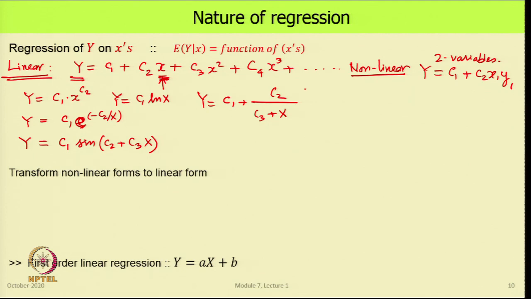Now, quite clearly, we have only restricted ourselves to looking at one independent variable, but we got many functions which we will encounter quite frequently, which are not linear. So, what one does is to transform these into linear form, and an example of that could be that, say, y is equal to C1 e to the power minus C2 x, we take this case, then we can take ln y is equal to ln C1 plus minus C2 times x.